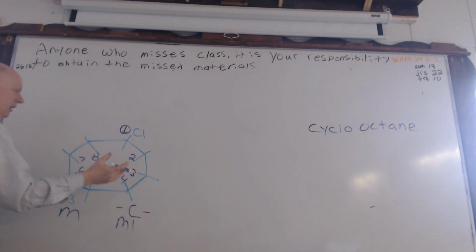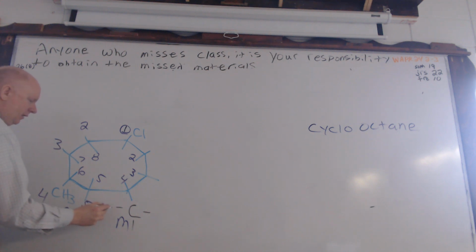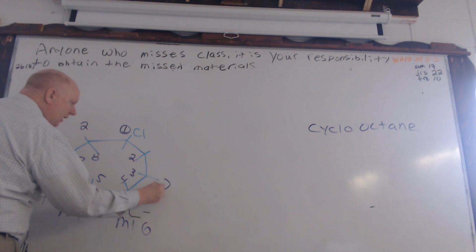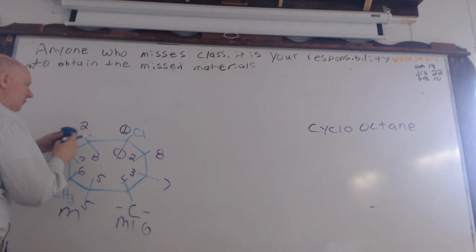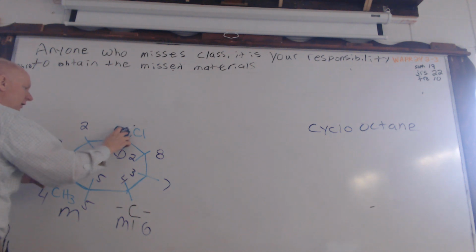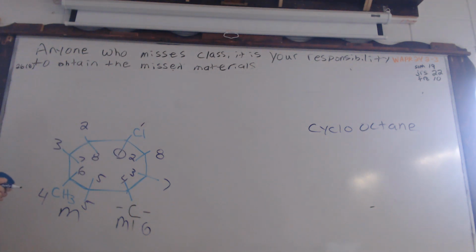But what happens if we go counterclockwise? Then we've got 1, 2, 3, 4, 5, 6, 7, and 8. I should put this one on the inside as well. So we've established that. Okay, and we can have 1 out here as well.